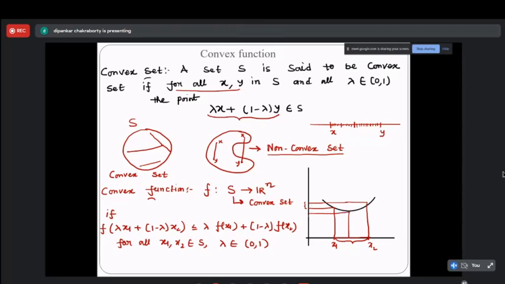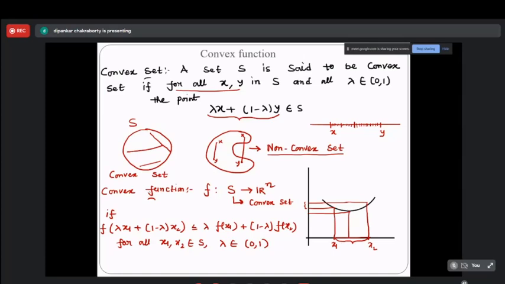So I mean to say that if we take any value here in between x1 to x2, then the functional value will always lie under this value, lambda f x1 plus 1 minus lambda f x2. If we find such a function, then the function will be called a convex function.